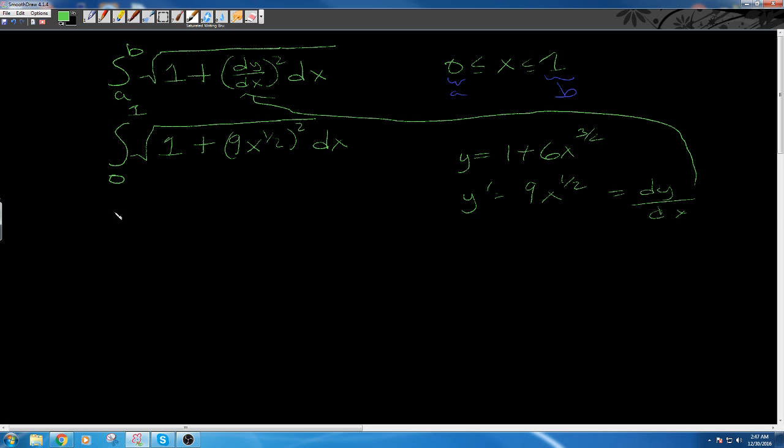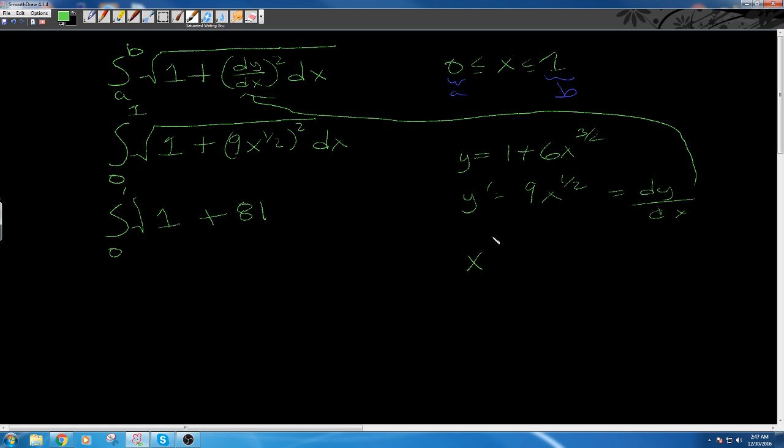Let's simplify a little more. We're going to have the integral from 0 to 1, square root of 1 plus, now 9 squared is 81, and remember, this always trips people up: whenever you're squaring exponents, you multiply them.